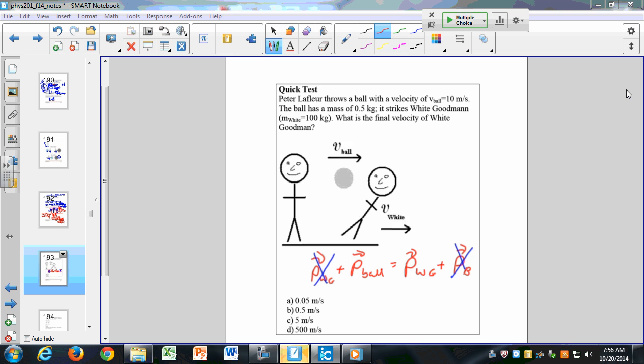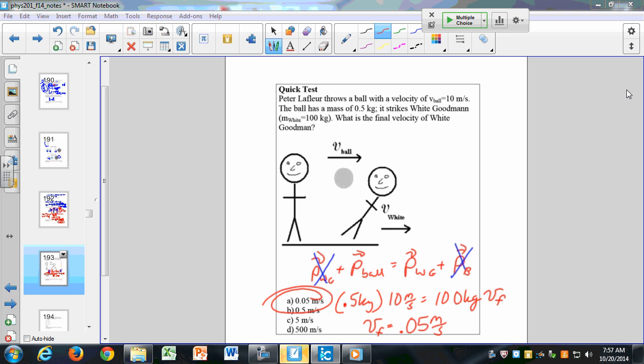And the momentum of the ball is a half a kilogram times its velocity, which was 10 meters per second, equals 100 kilograms times his final velocity, and then we find his final velocity is 5 over 100, or 0.05 meters per second. All right, so much more realistic.